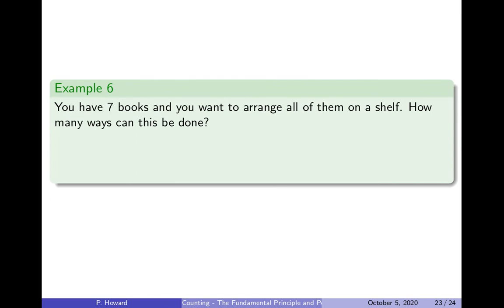And let's try this problem. Let's suppose you have 7 books and you want to arrange all of them on a shelf. How many ways can this be done? Well, you can think of this as making 7 choices. Choosing the first book in order on the shelf, that can be done in 7 ways, and then choosing one of the 6 remaining books, and then choosing one of the 5 remaining books, and so on.